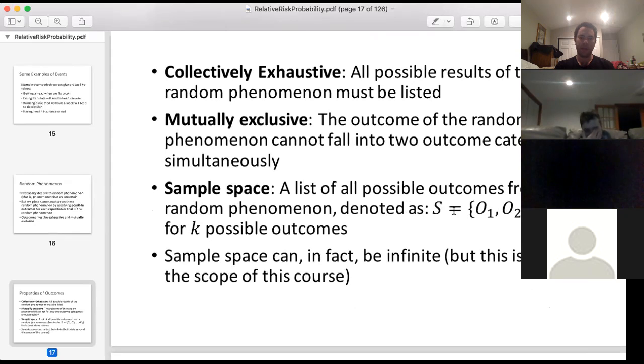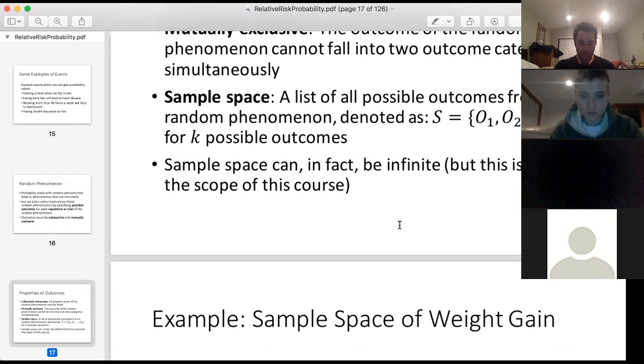So we have a sample space equal to outcome 1, outcome 2, etc., up to outcome k, where k is your number of possible outcomes. Theoretically you could have an infinite sample space, but we're not going to go into those examples. All of our examples are going to have a finite sample space.